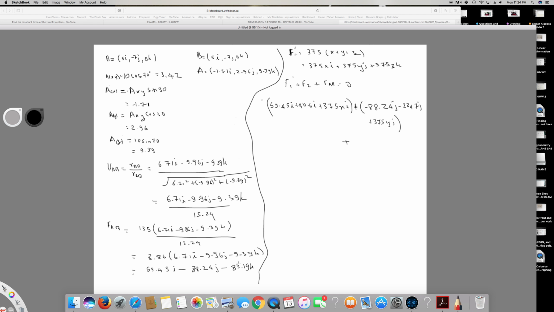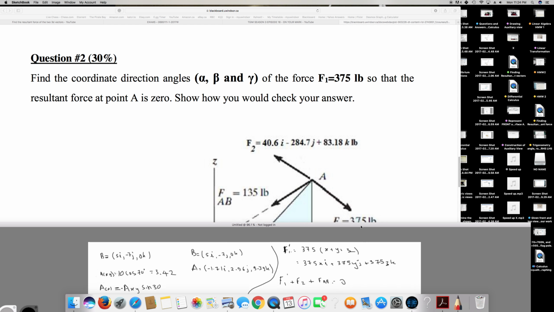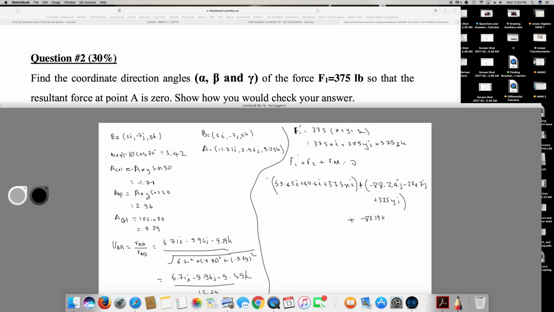The next equation is going to be minus 83.19 K, this one 83.18 K, plus another 83.18 K, plus 375z K. So these are my values. All of them are going to be equal to 0.